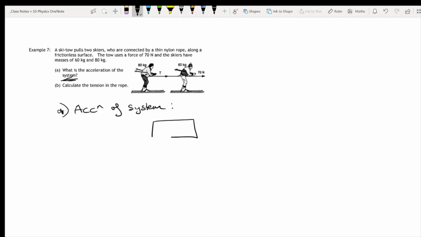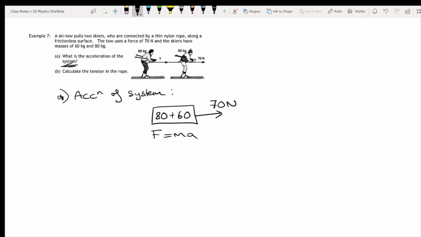I'm not even going to try and draw people: 80 plus 60, one big mass, being pulled by a 70 newton ski tow. It's frictionless, so we don't have any backwards force. So it's just as easy as going, unbalanced force is mass times acceleration. So mass is 140, the force is 70 minus 0, so 70 equals 140 times acceleration.